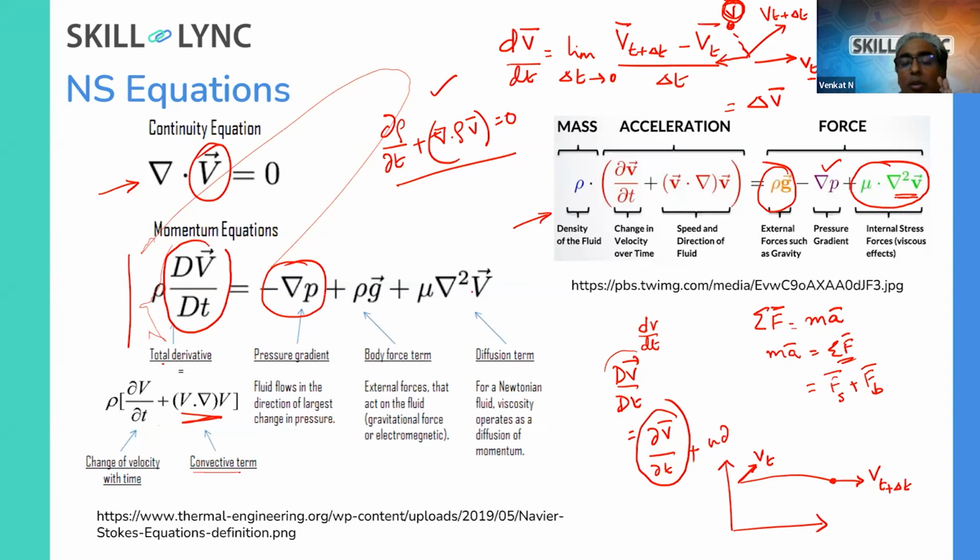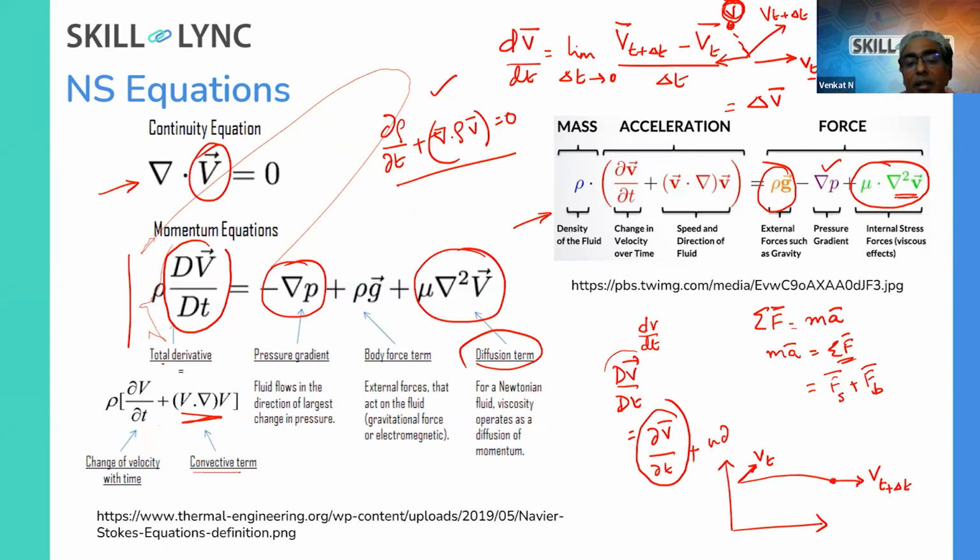So this del square V is also called a diffusion term. Okay. So viscosity acts like a diffusion of momentum here, right? Similarly, if you have the heat conduction equation, if you remember, depending on the thermal conductivity of the material, the heat diffuses either faster or slower in the material.